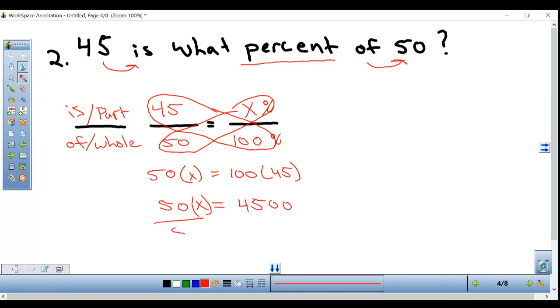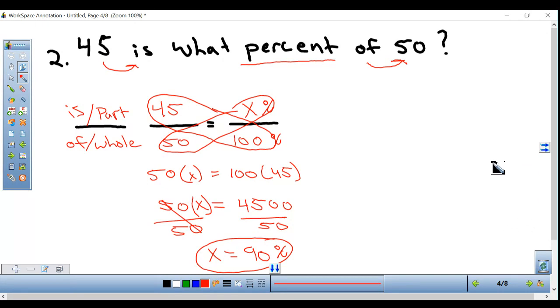We're going to divide by 50. And I get x equals 90. 90 what? Well, remember, my x was above 100%, so this number needs to represent a percent. So x is 90%.